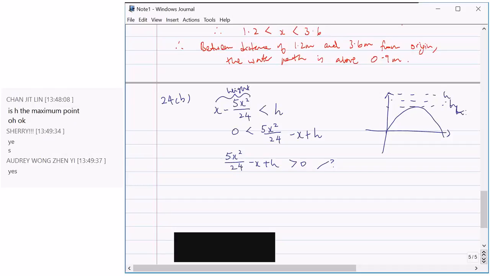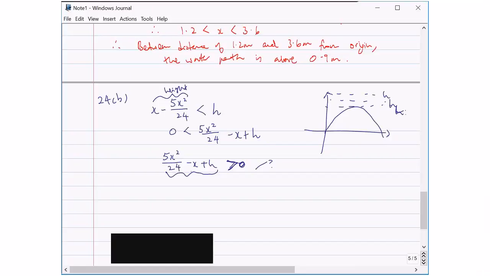Okay, this part you must pay a bit of attention. What I have here is a quadratic function. I want the quadratic function to be always bigger than 0. I say again, the left hand side is in the quadratic form. I want the quadratic form to be always bigger than 0. Now remember last week when we learned position of a graph.